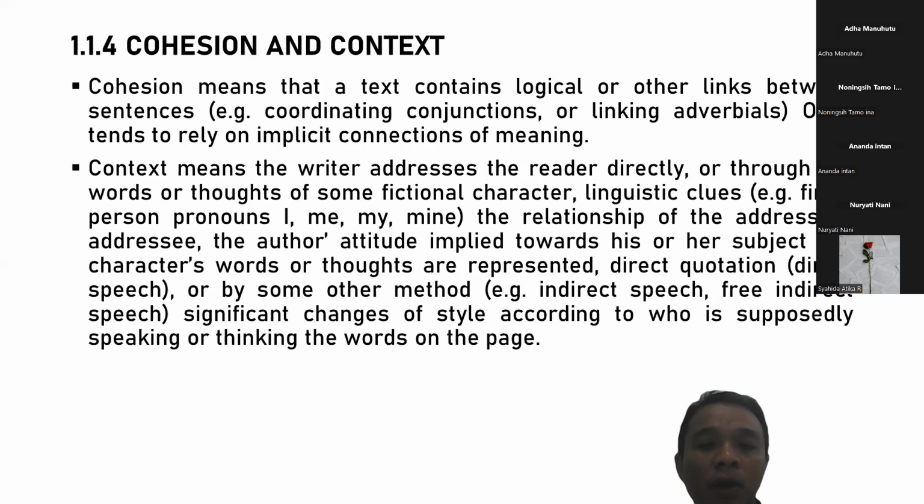The relationship of the addresser and addressee, the outer attitude implied toward his or her subject, and whether a character's words or thoughts are represented by direct quotation, direct speech, or by some other method, for example, indirect speech, free indirect speech, or significant changes of style according to who is supposedly speaking or thinking the words on the page.